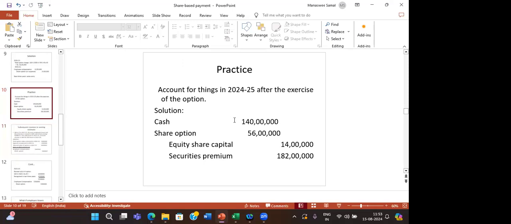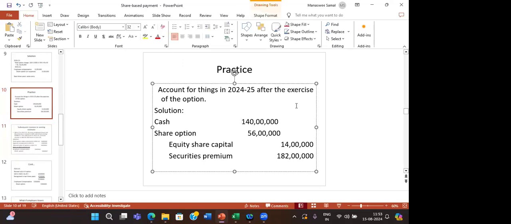You can see 1400, exercise price in the question is given as 100. 1400 people, and each employee was given 100 options, so 2 more zeros, and then for each option, the person will give you 100 rupees, right? So further 100 rupees.